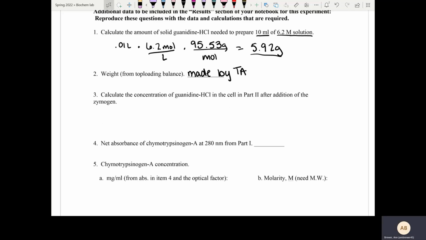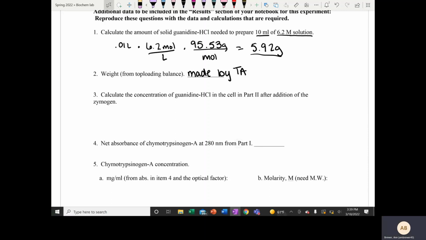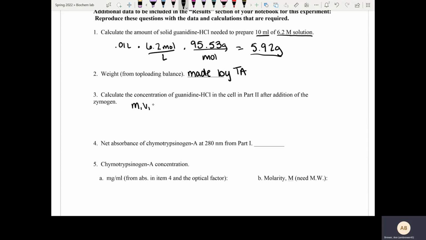So part 3 asks us to calculate the concentration of guanidine HCl in the cell in part 2 after the addition of the zymogen. So for this, we'll use the formula M1V1 equals M2V2. So our M1 will come from our 6.2 molar solution.